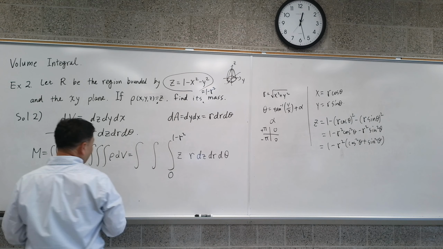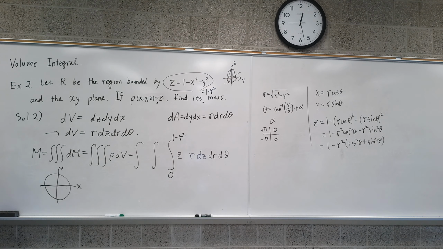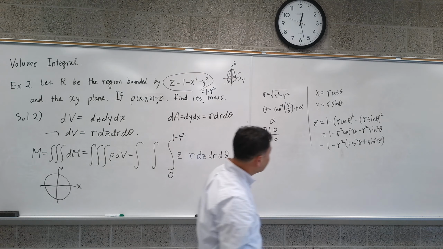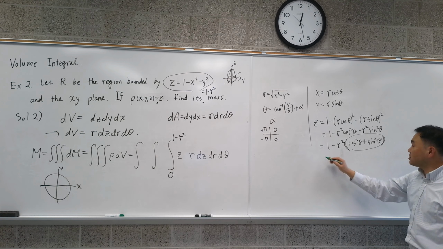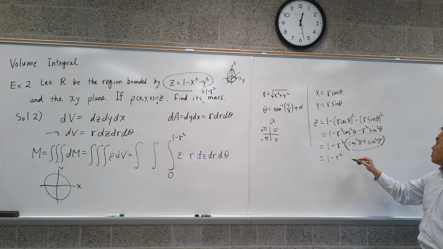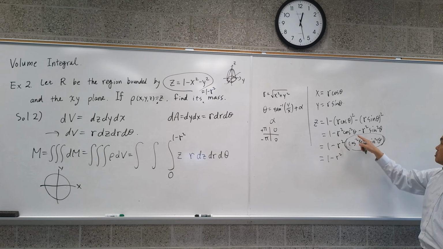I have a question. Yeah. For the z equals 1 minus r cos, how do you factor the 1 out when it just goes to 0? No, this is just 1, right? You have 1 minus r squared cos squared theta minus r squared sine squared theta. If I factor the negative r squared out, then these two become positive, right? But how do you get the 1 out?